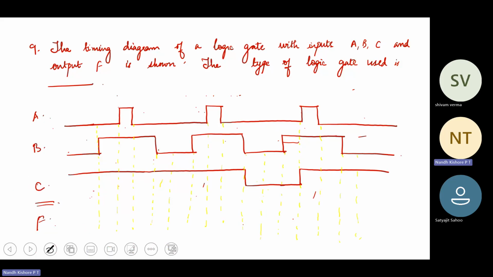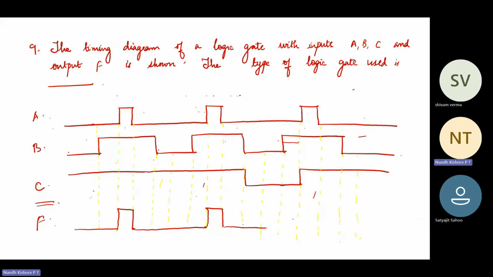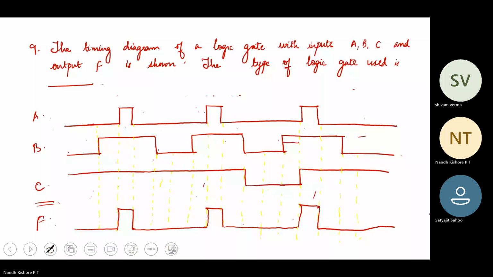So the output F that is given is, so what is the logic gate used over here?